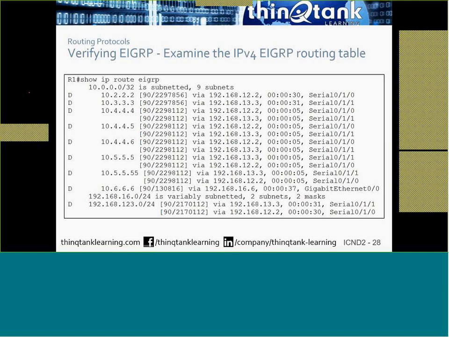Well, if you look at the routes, here's the 10.5.5.5, here's the 10.5.5.5, right? You'll notice that we have two different paths under the network. You see that? So router 1 is reaching 10.5.5.5 through router 3 and router 2. I know it's router 3 and router 2 in this case because of the 13.3 and the 12.2.